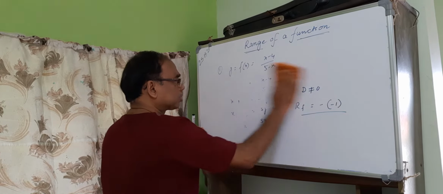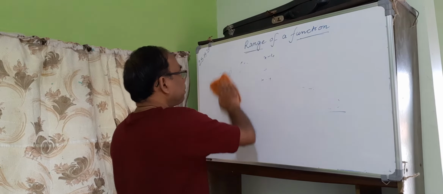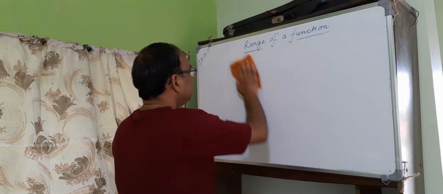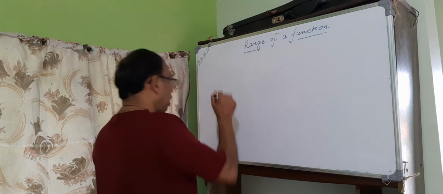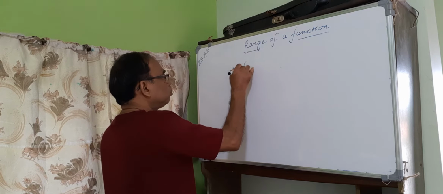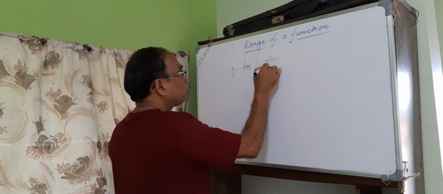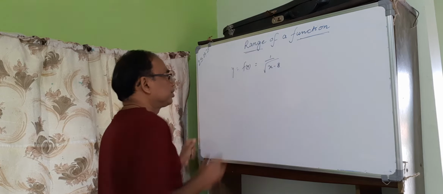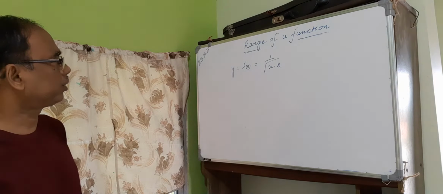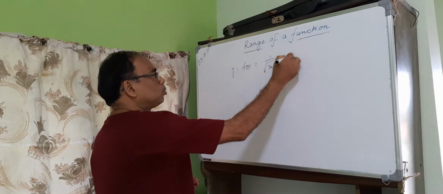Now I am doing the next one, sum number 2. If you are given a square root, suppose y equals f(x) equals 1 over root of (x minus 8). This is given. I told you to take this equal to y.